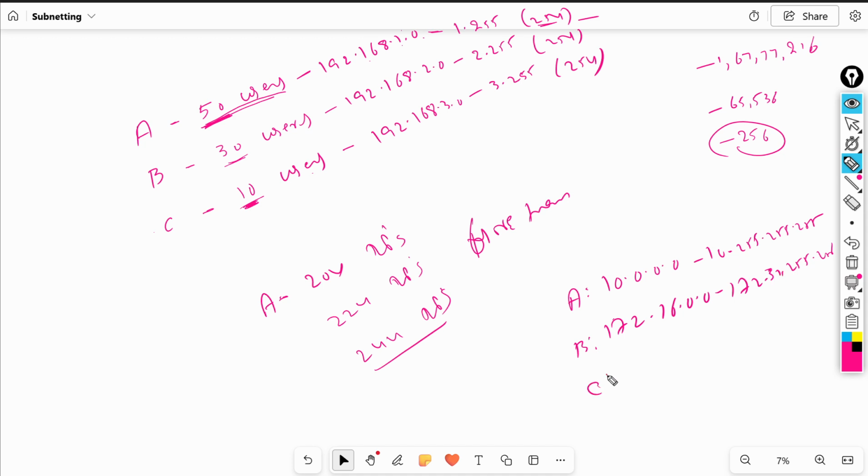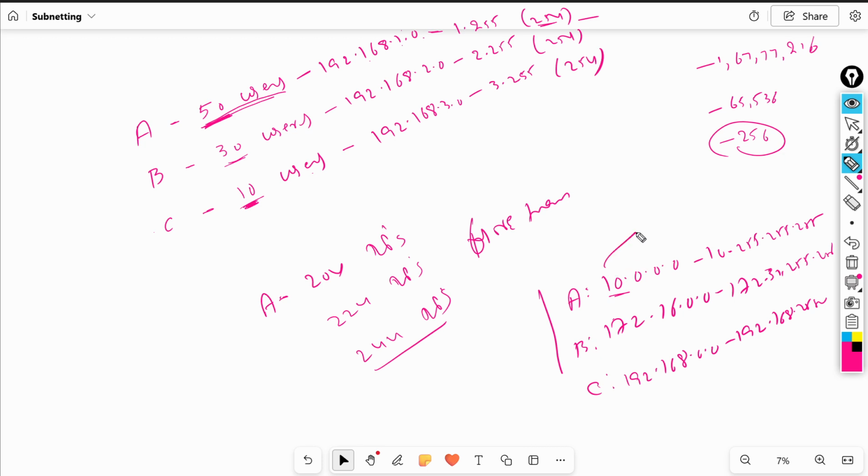In class C, 192.168.0.0 to 192.168.255.255. These are the private IPs. We should not waste IPs. For example, if you want to use a class A network, I have 3 departments. How can you use it here? Here we have only one network, right? The 10 series.